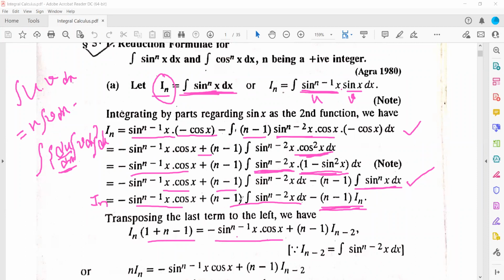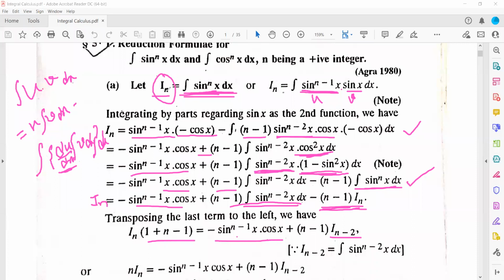Now see here. For this integration, what have I written? In minus 2. How have I written it? If the power of sine is n, then this integration is denoted by I with suffix n. If the power is n, then in the suffix of I I have written n. Now here, sine to the power n minus 2, the form of the integration will remain the same. Simply in place of n, it is n minus 2.